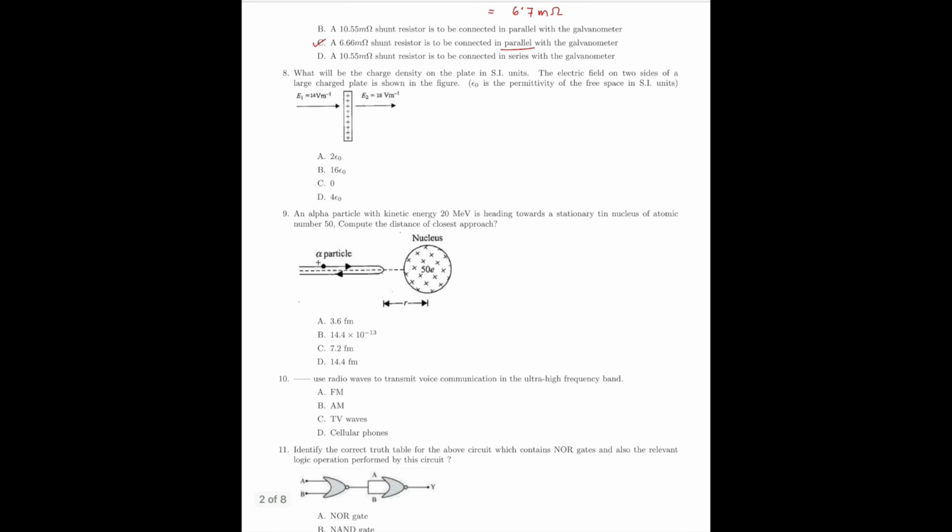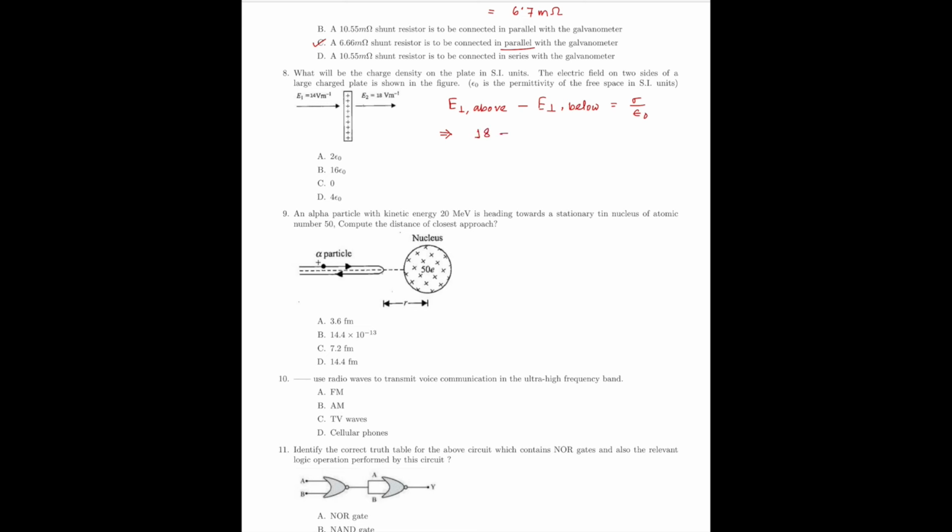For question 8, as we know from the boundary condition of the electrostatic field, the perpendicular component of the electrostatic field above a charged plate minus the perpendicular component below the charged plate is sigma by epsilon naught, where sigma is the charge density of the charged plate.